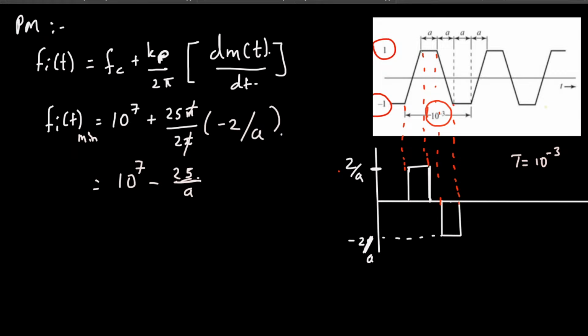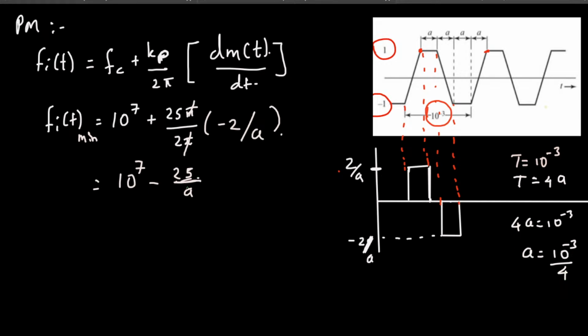If you look at this pattern, starting from here and ending at the same location, this is one period, and one period is 4a. So therefore 4a is 10 to the power of minus 3, and a is 10 to the power of minus 3 divided by 4.